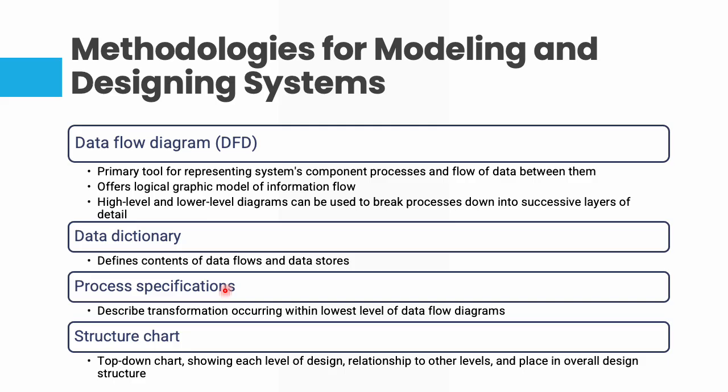Okay. And finally, we have a structure chart. This is a top-down chart that shows how all the different parts of the system fit together. It looks a bit like an organization chart, displaying the hierarchy of modules and how they relate to each other. And this will help the programmers to understand the overall structure when they start coding.